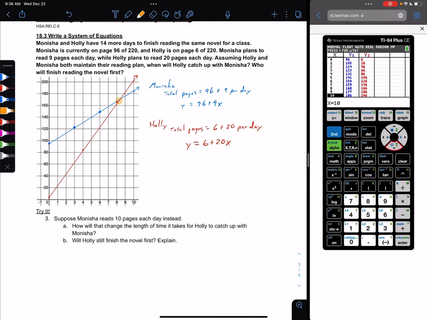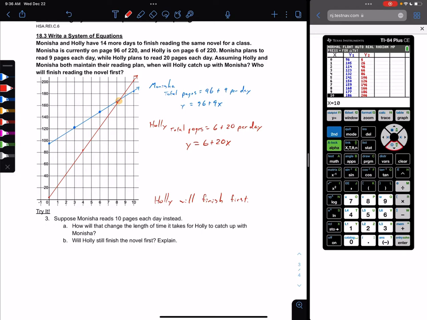And who will finish reading the novel first? Well, right away we can say that Holly will finish first. We don't need any other information, because after about 8 or so days, Holly passes Monisha, and she's working at a faster pace, so she'll continue to stay ahead. I don't know how many days. We're not concerned with that.